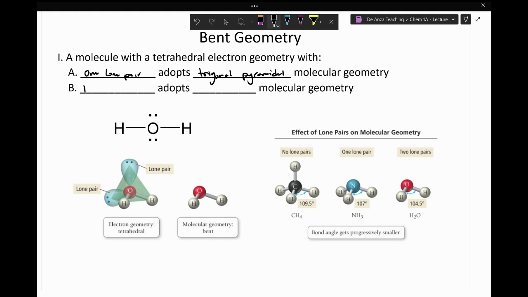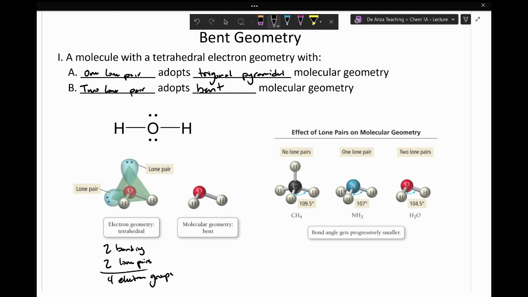When you change out one more of your bonding groups for a lone pair and have 2 lone pairs, what you'll see is that these molecules adopt a bent geometry. And a great example of this is water. And so with water, we can see we have 2 bonding groups and we have 2 sets of lone pairs. So that gives us 4 total electron groups.